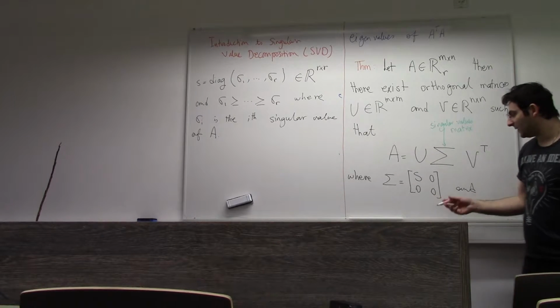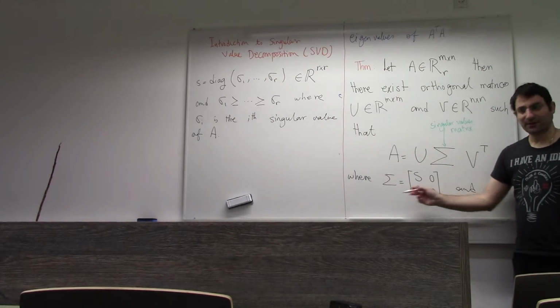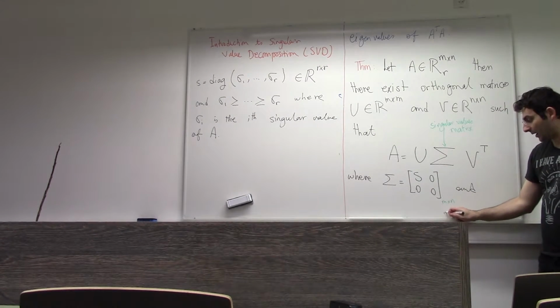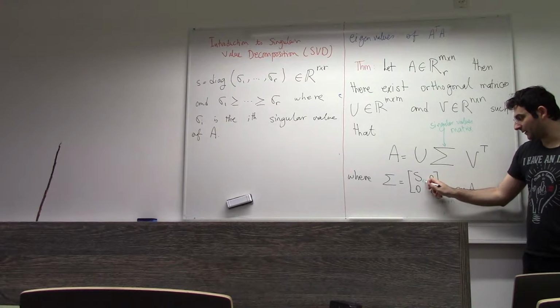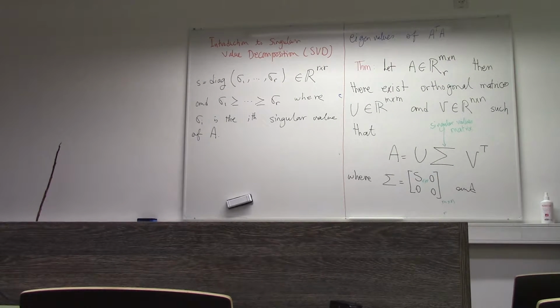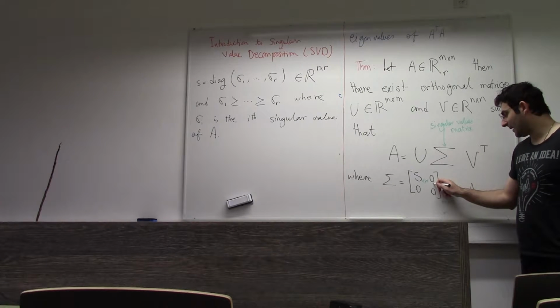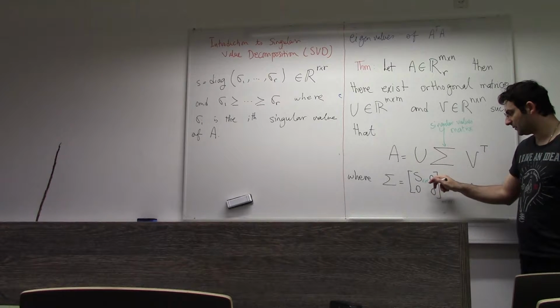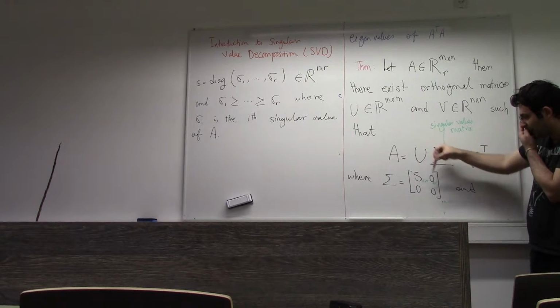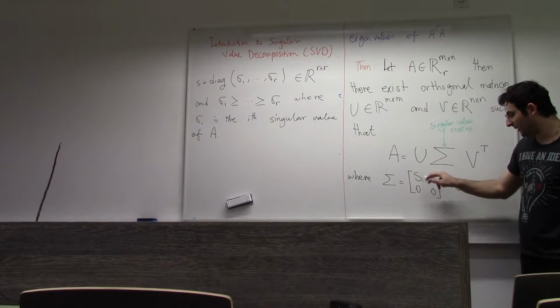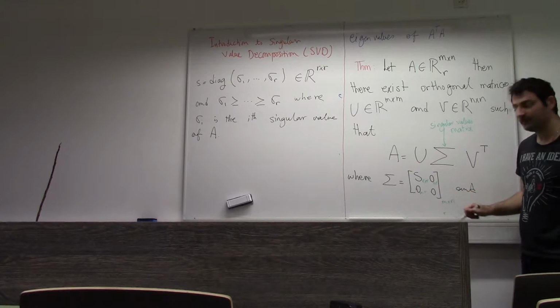But we understand that this matrix, which is n by m and has the rank r, will be decomposed in this form. S has size r by r, and then this block should complete the number of columns, so it will be m minus r columns. And this one should complete the rows, so it will be n minus r.